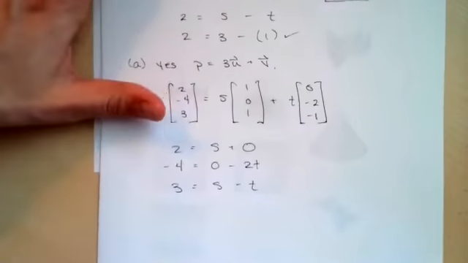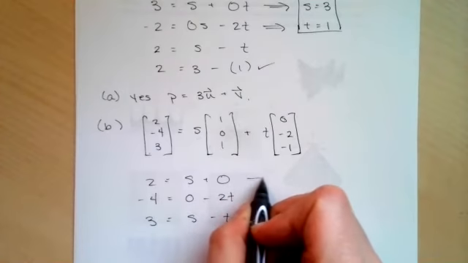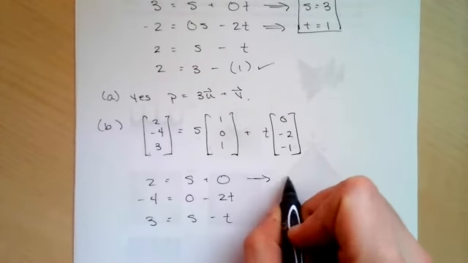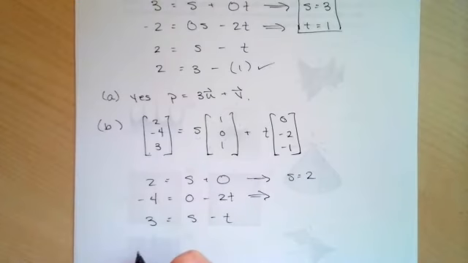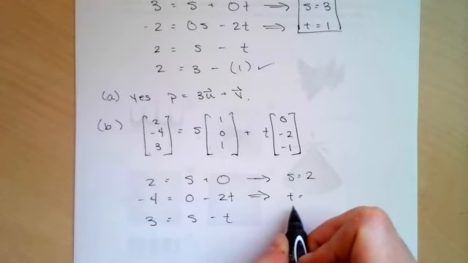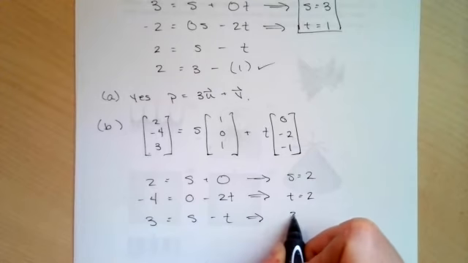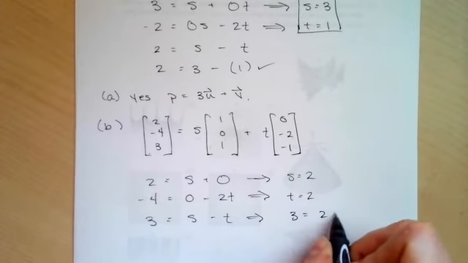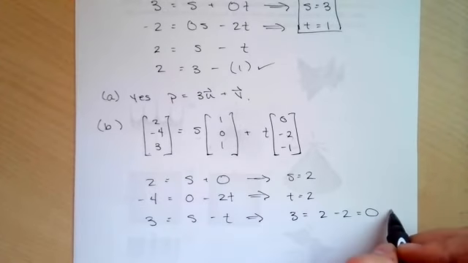Again, we could use our matrix systems if this were a more complicated set of equations. But since we have it essentially solved for our variables, S is going to be 2 in this first equation. Our second equation dictates that T is also 2. But then when we check our third equation, this is going to say 3 is equal to 2 - 2, which equals 0.